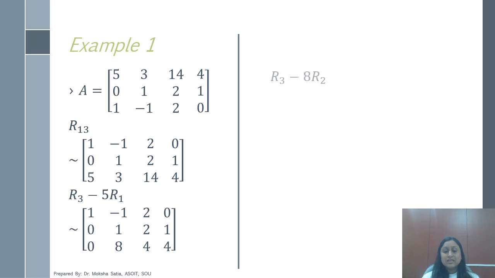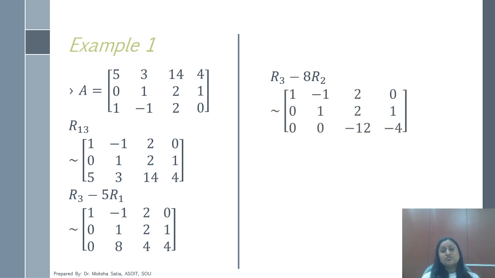Now you can see here we have a leading 1 in the second row, and that's why we will apply the operation R3 minus 8R2 to make the element below that leading one, which is 8, zero. So multiplying R2 by minus 8 and adding this to R3 will change the R3 row, which will be 0, 0, minus 12 and 4.